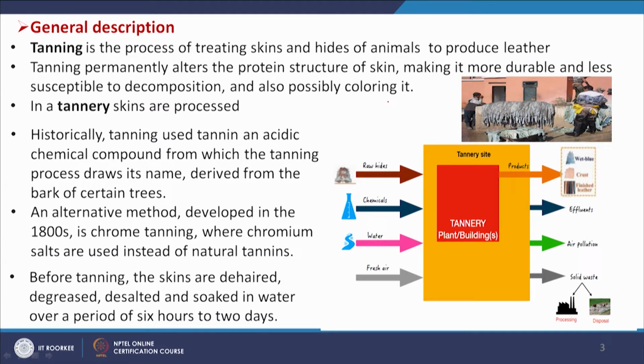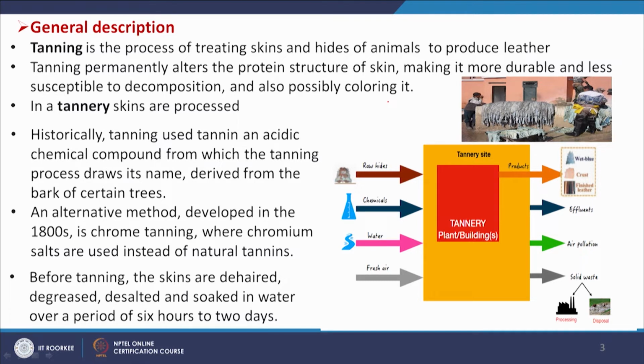And in a tannery skins are processed, and the term tannery or tanning has been taken from the name of a chemical compound that is available in the bark of some type of trees, and that was the natural material that was used for the tanning purpose.